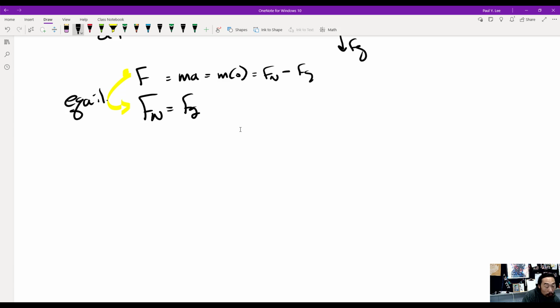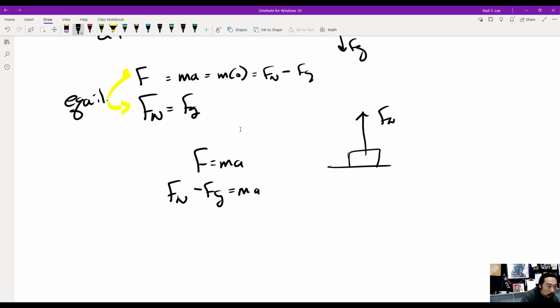Now let's do the math for when we're about to rise. Starting off with Newton's law, we say that F_n minus F_g is equal to ma. So when we're rising, we know our F_n is bigger, and our F_g is smaller in comparison, but acceleration is positive.